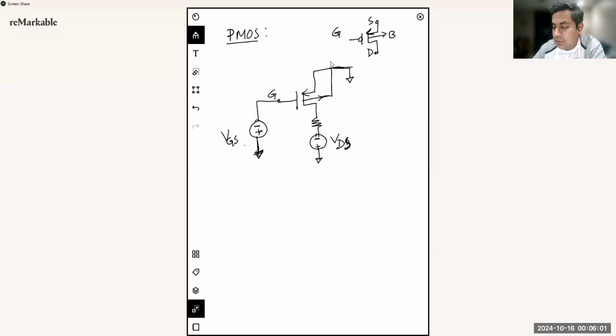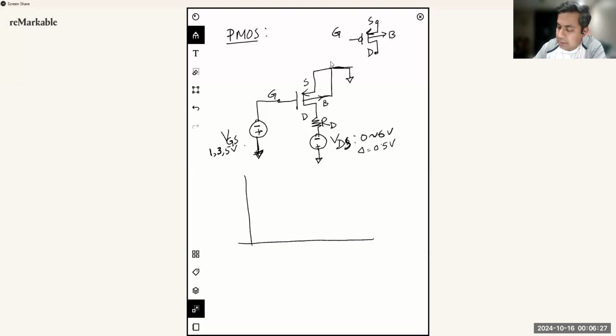So we are applying these two voltages, and the ranges are similar, from 0 to 6 volt with a delta of 0.5 volts, and the VGS is going to be 1 volt, 3 volt, and 5 volts. And then this is my source and body terminal. This is drain terminal. We have a similar RD, and we can plot the IDS or ISD versus VSD.